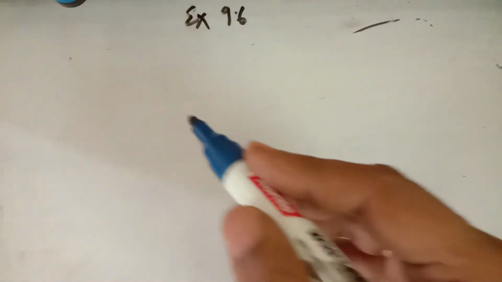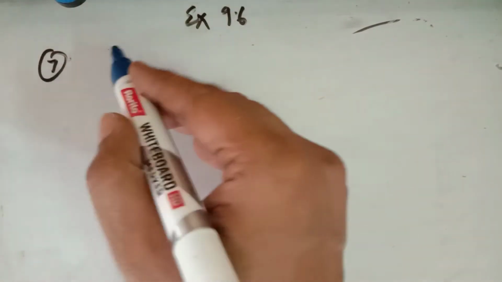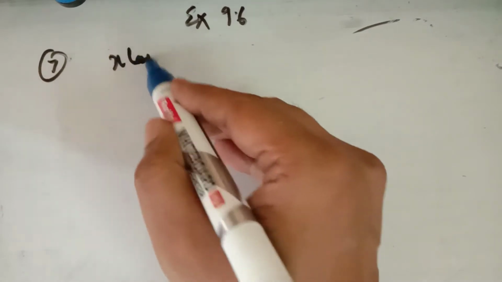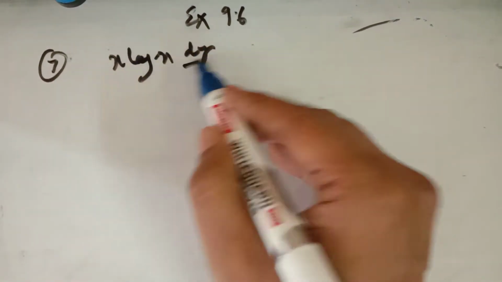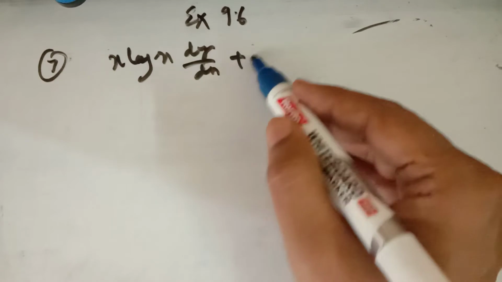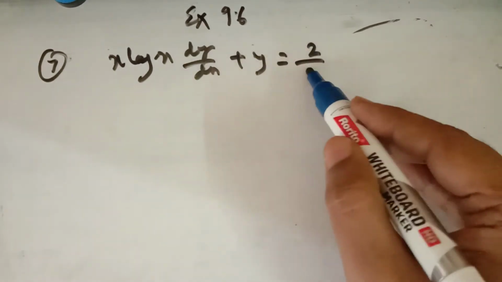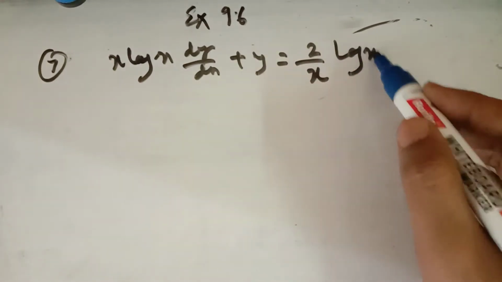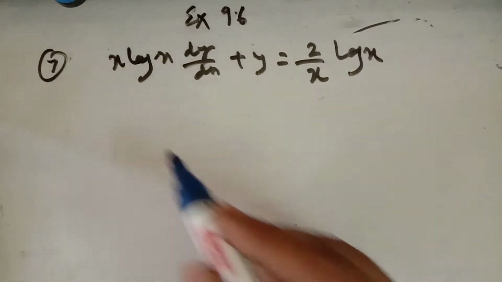Now in question number 7, again it is not in the standard form: x log x dy by dx plus y is equal to 2 upon x square. So first of all you have to divide the whole equation by x log x.